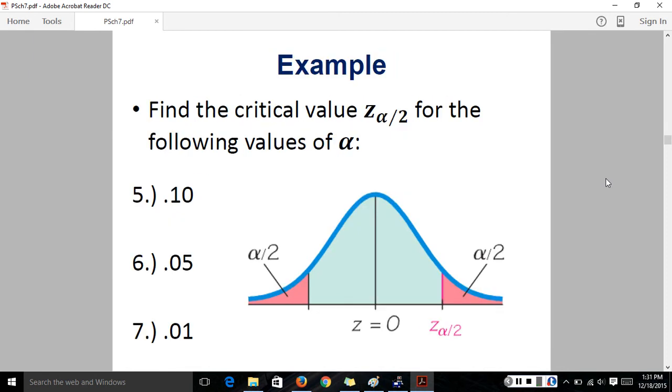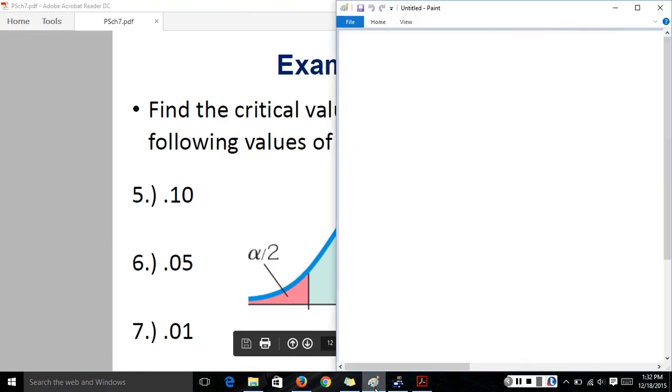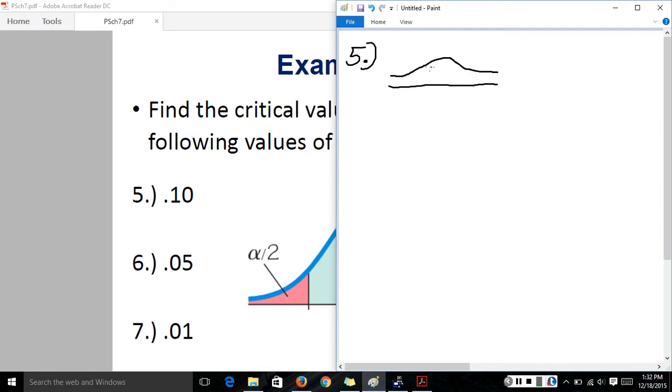Let's do a few examples. We'll find the critical value z sub alpha over 2 for the following values of alpha. Number 5. Let's say that alpha is 10%. In other words, in my distribution, I've got area in the middle, and the total area, alpha, that's in the tail is 10%.